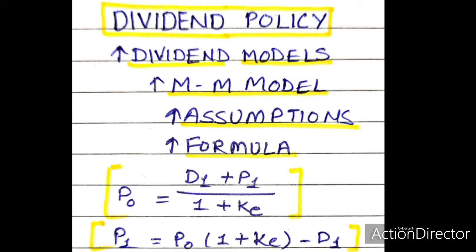The model is based on the following assumptions. Number 1, there exists a perfect capital market. Number 2, there are no flotation or transaction costs. Number 3, there are no taxes. And number 4, future earnings are known with certainty.